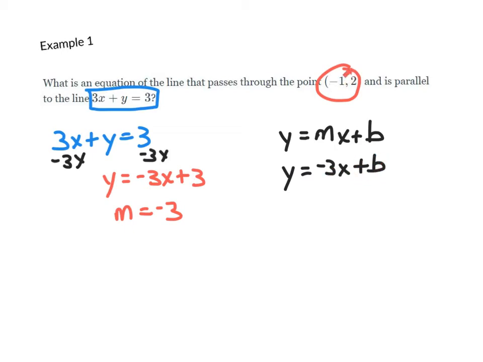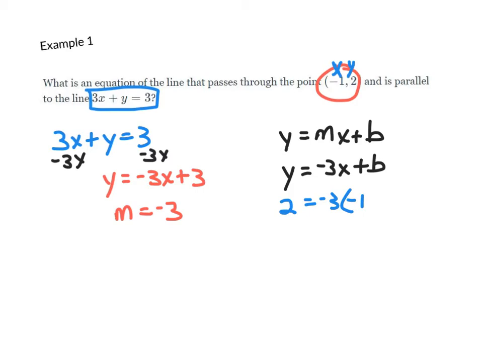Well, that's when we use our given x and y and plug them into the equation and figure out what b is, and then we can write the final equation. So when we plug in our given x and y, our y is 2 when our x is negative 1.